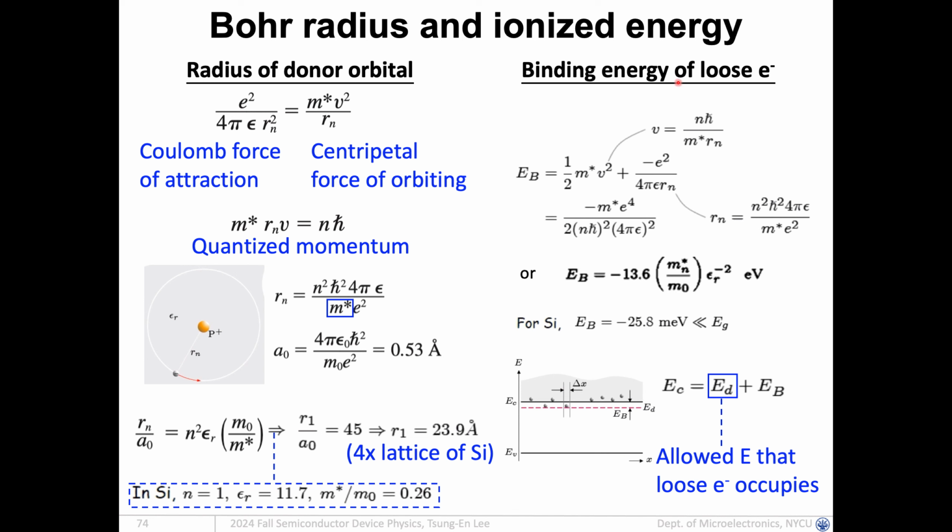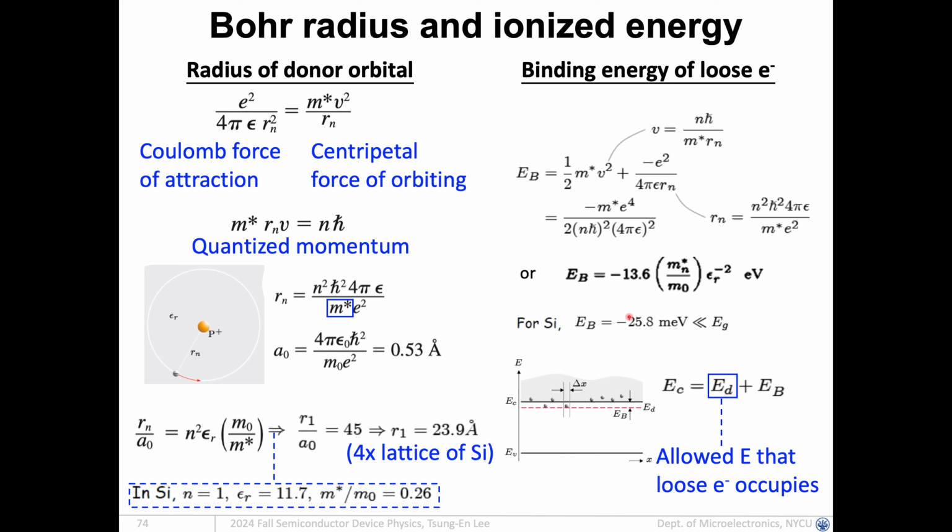For the binding energy, we can do similar things, so I don't need to go through the details. We know this is the binding energy in the Bohr hydrogen model. Then we can get the binding energy value for phosphor.